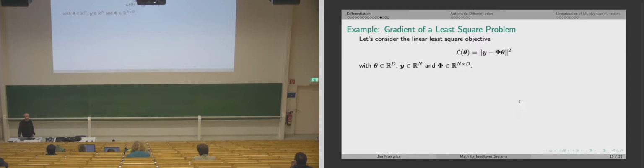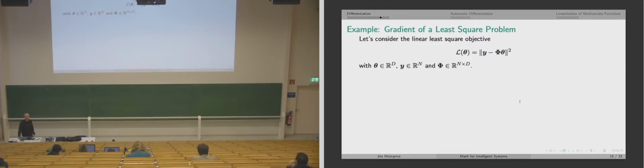Yeah, we would compute the derivative with respect to theta, no matter what. And then, depending on the size of the problem, we might use different ways of optimizing. There's a closed form solution to least square problems, so we might just compute the closed form solution and use that to extract theta.